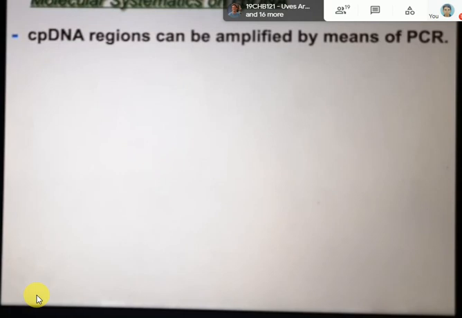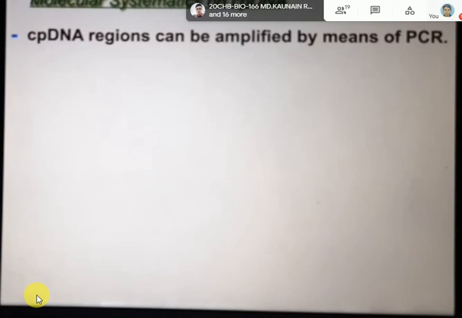So it is a very important technique nowadays in molecular biology, whenever we are talking about molecular biology techniques.